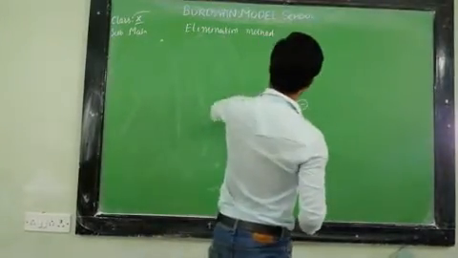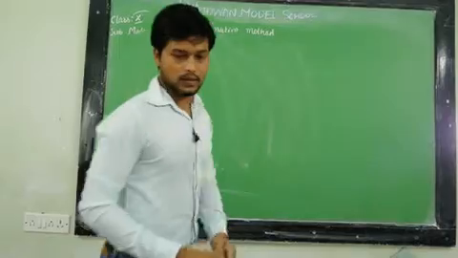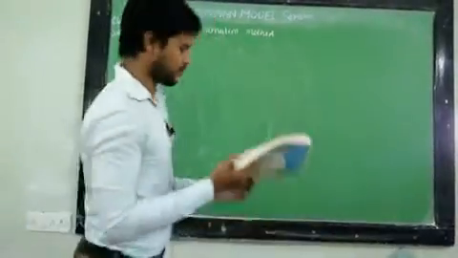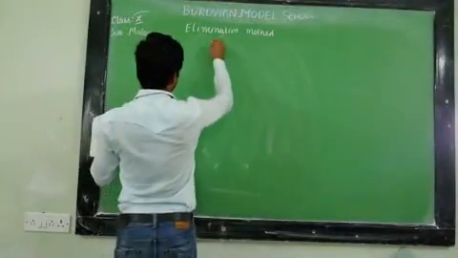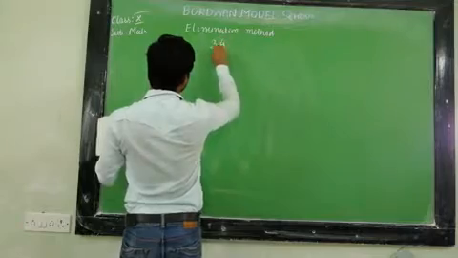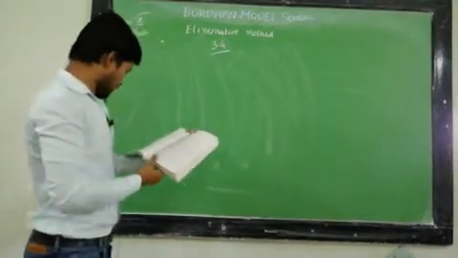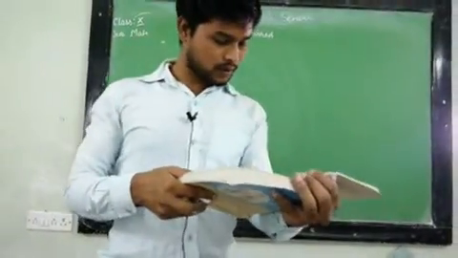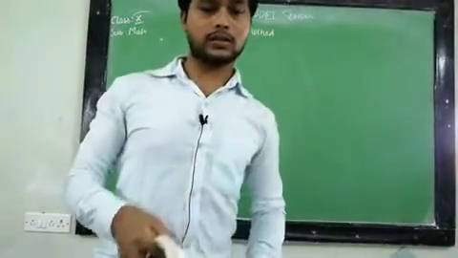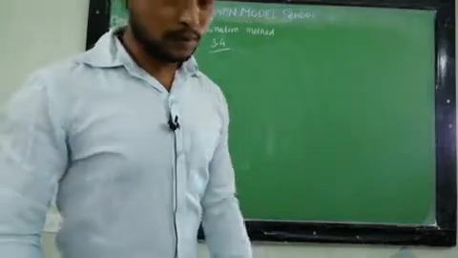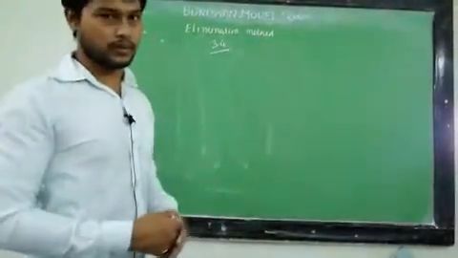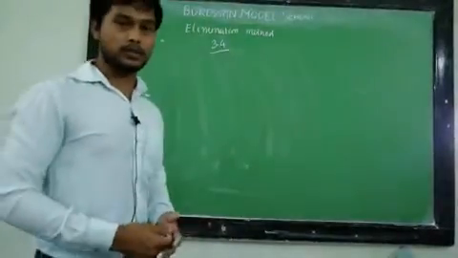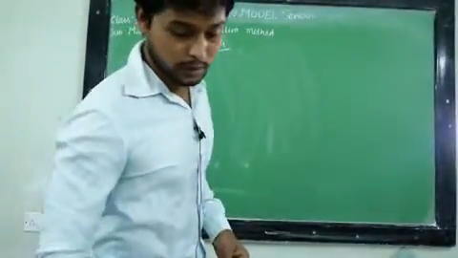Okay, so come to exercise 3.4. Solve the following pair of linear equations by the elimination method and the substitution method. Means we have to solve the equations both ways, in both techniques, by the elimination method and by the substitution method.